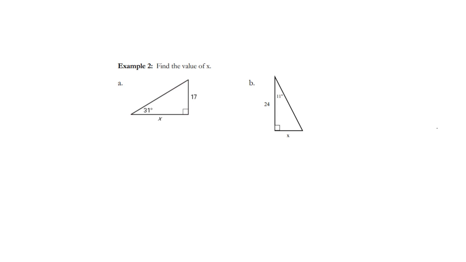So here is what I want to put on the top of our screen here. We're going to use the tangent ratio. A lot of times we use theta, which is a Greek letter. It looks like that. To represent an angle measure. So tangent of theta is opposite over adjacent. So that is our tangent ratio. So let's see how that helps us.